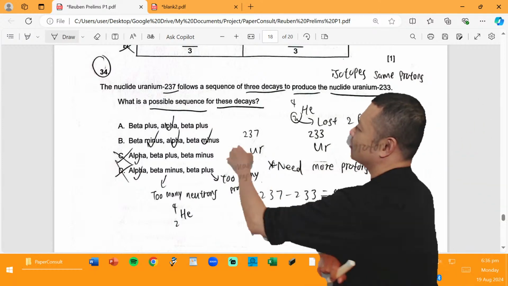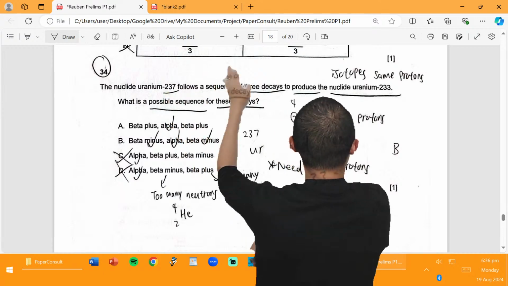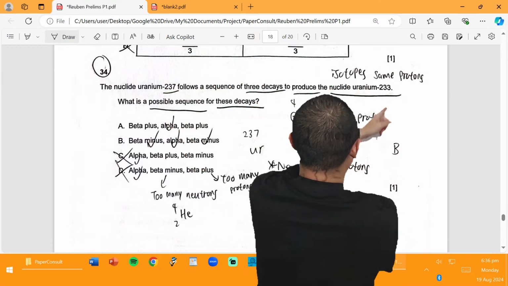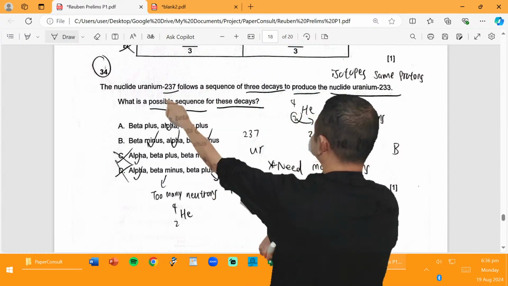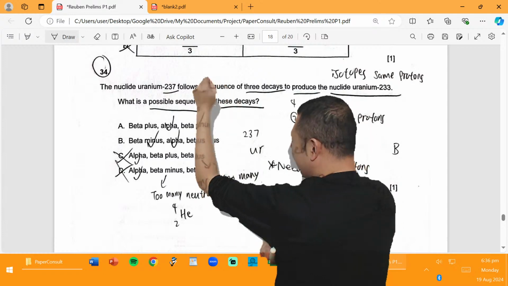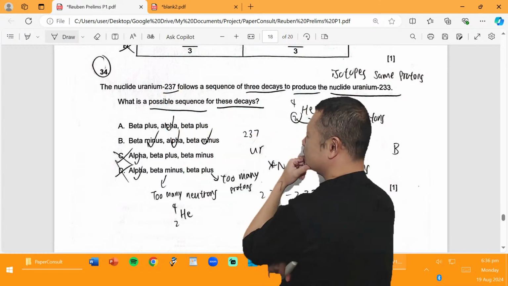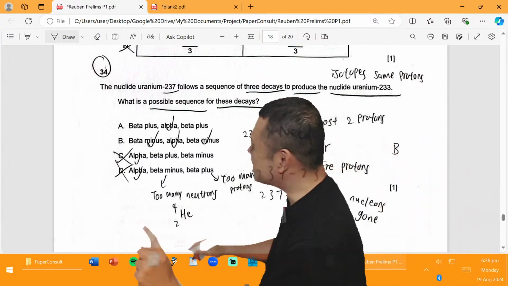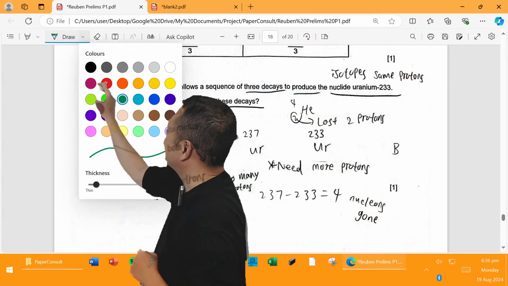So it looks like uranium 237 becomes 233. So at the end of the day, it's just a -4, right? Okay? It is a -4, but yet the element still stays the same. That's the key clue.